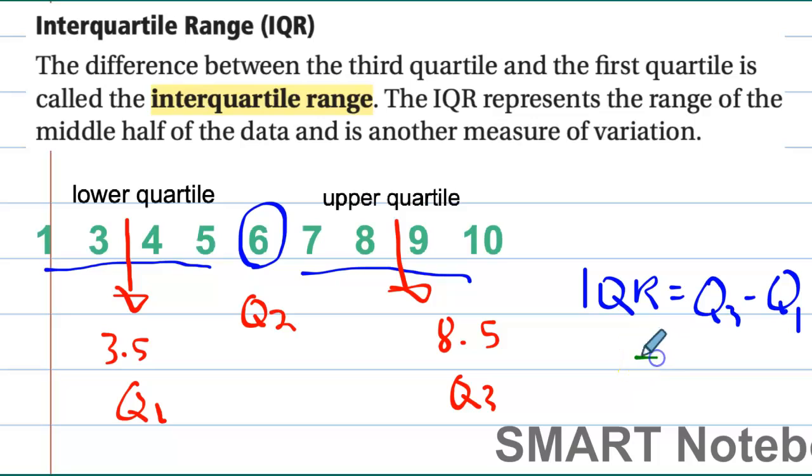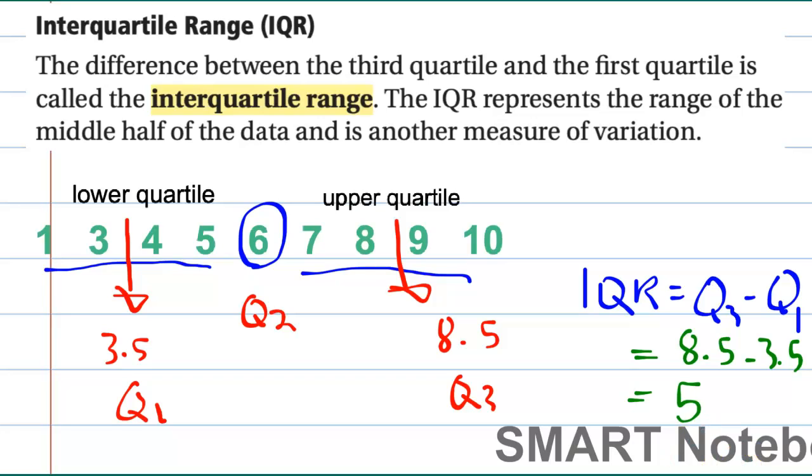We're going to use this later on in the future when I ask you to describe the data set, the graph, and the like. So now we're going to have 8.5 minus 3.5. So our IQR for this set of data is 5.